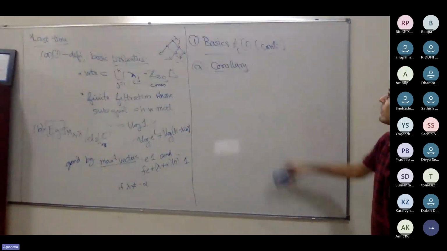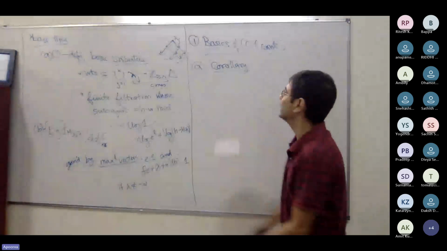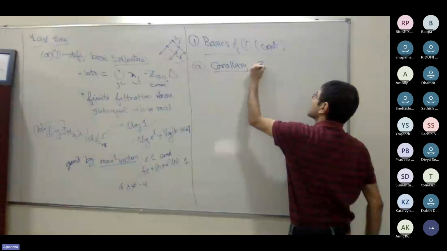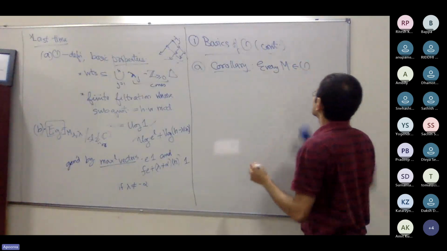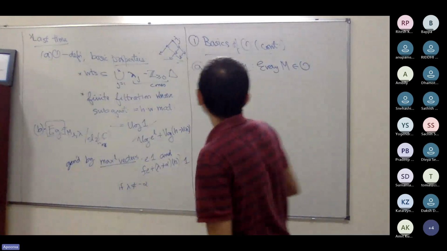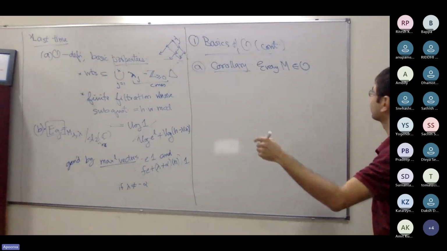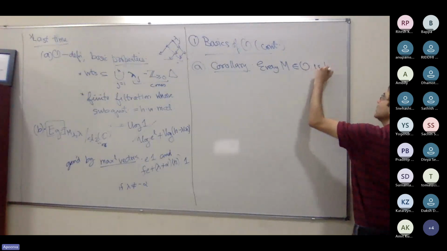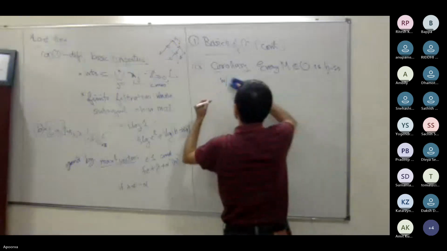The corollary is that every M in O, of course you should remember that objects of categories don't necessarily form sets, is semi-simple as an h-module, with finite dimensional h-weight spaces.